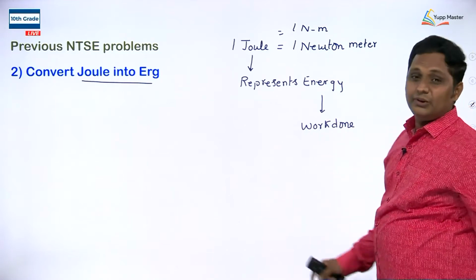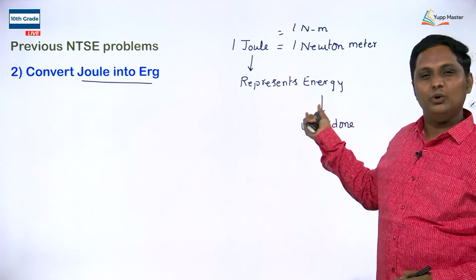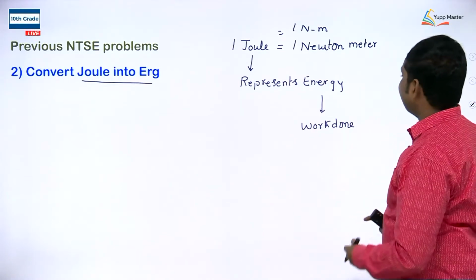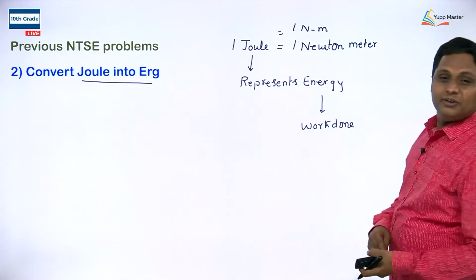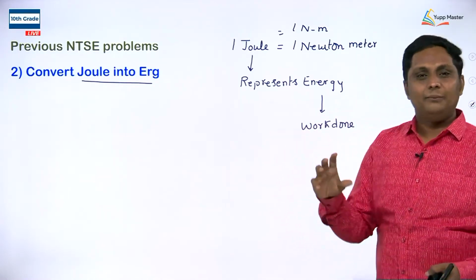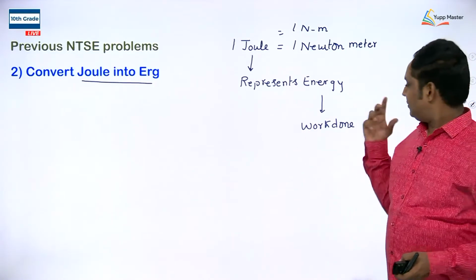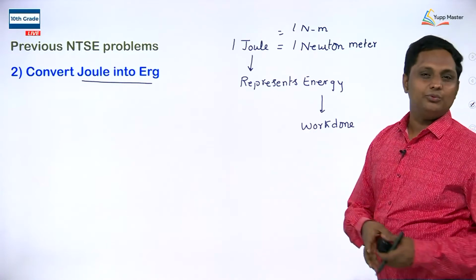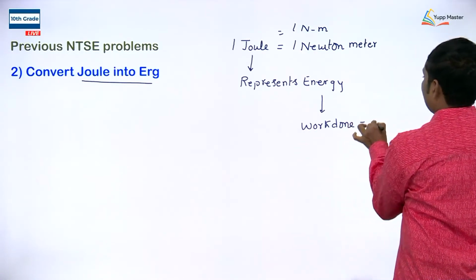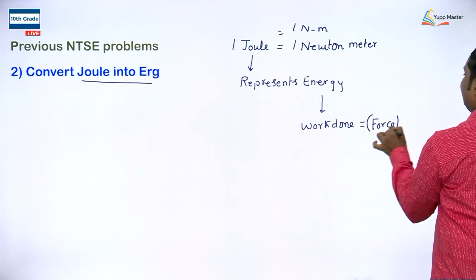We have discussed how energy is going to be equal to work done. Work done is nothing but potential energy, you can take kinetic energy also. Work done is force into displacement.